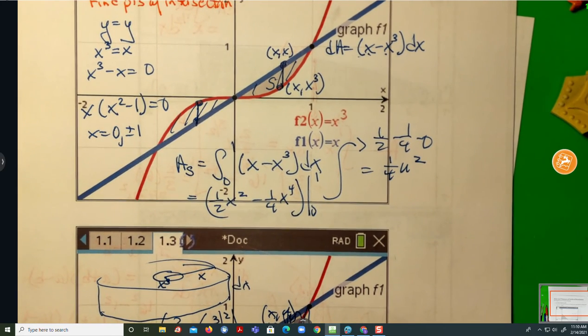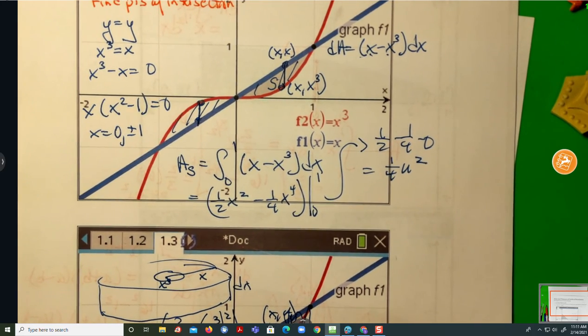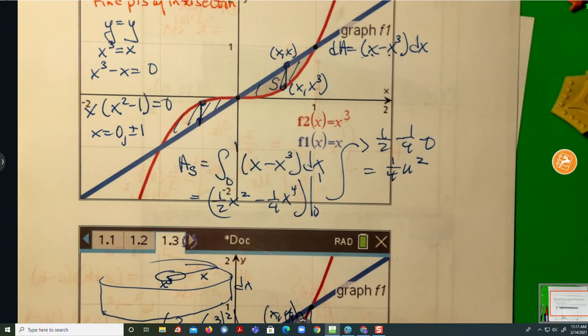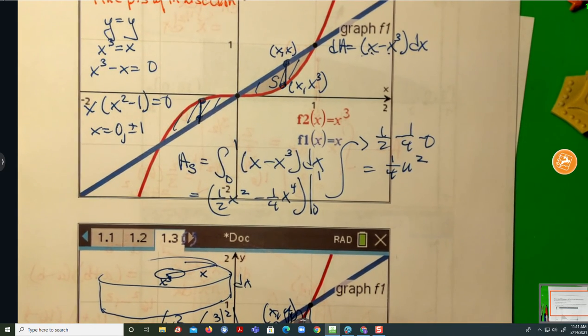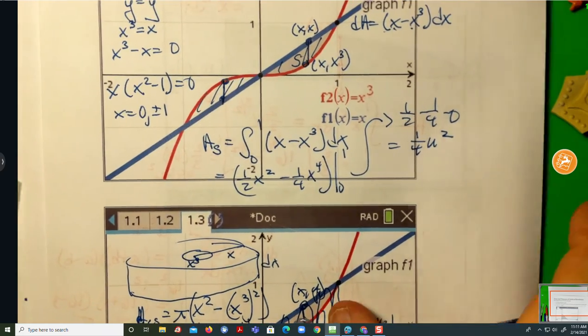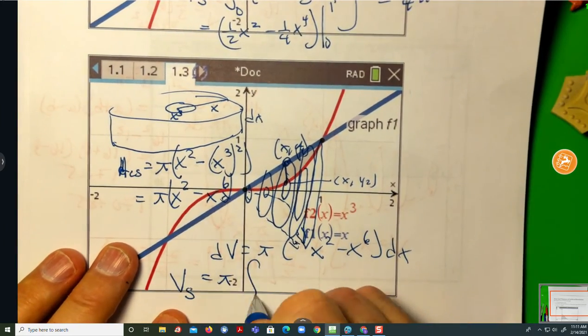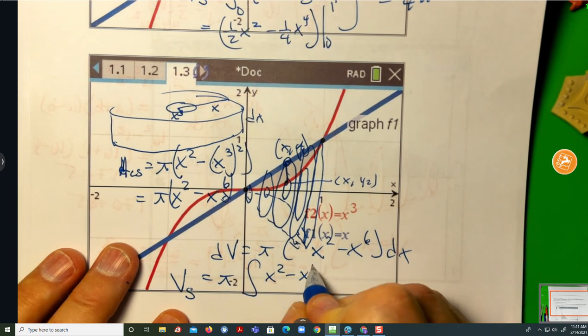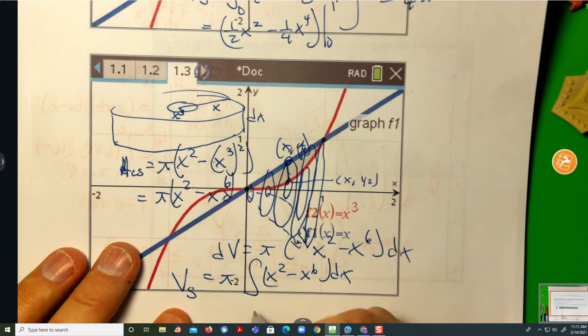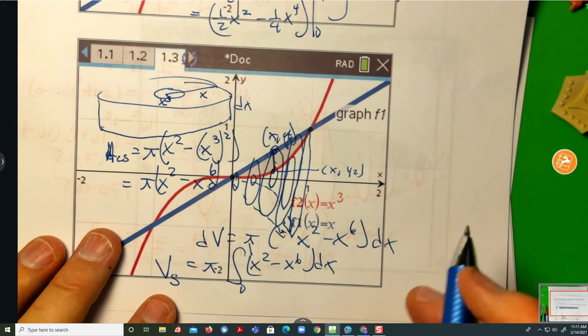So dV is pi times x squared minus x to the 6th dx. So my volume of the solid of revolution, oops, I was off the screen and nobody said anything, is pi, the integral of x squared minus x to the 6th dx, and don't forget your bounds like Mr. Isaac.